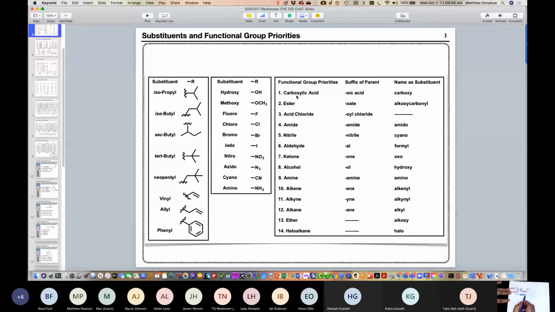For a ketone, we drop the ending E and we add ONE. I'm highlighting that with the mouse now. That's the functional group priority. The ketone is 7, the suffix changed to ONE, so this is heptanone.